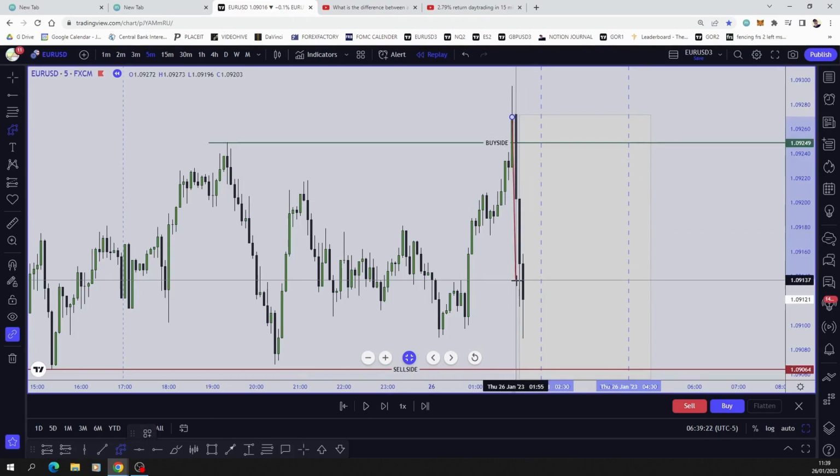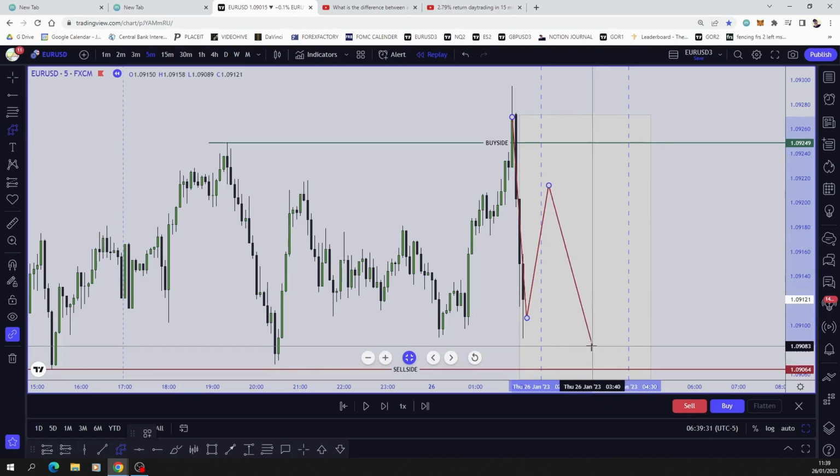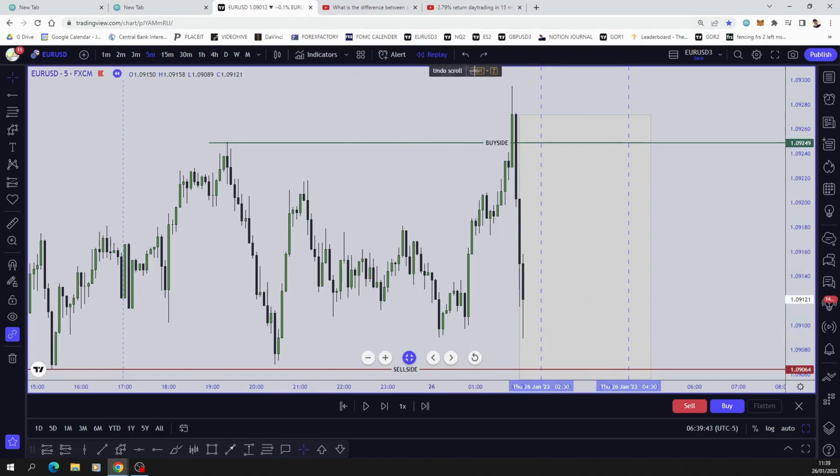Let's say price moves down, I would like to see price move up and potentially take a short, and my target then would be the sell side. Something like this. Now, let's see what happens next.